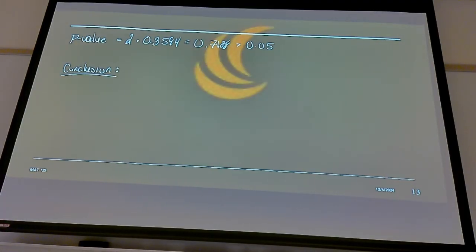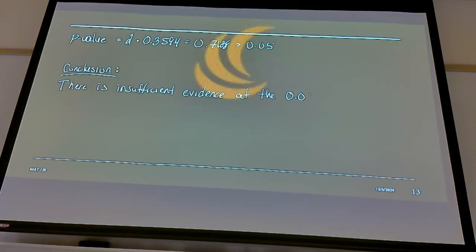Conclusion. Were we testing the null or the alternative? The alternative. The alternative is the claim that was being tested. This time we actually include the significance level.